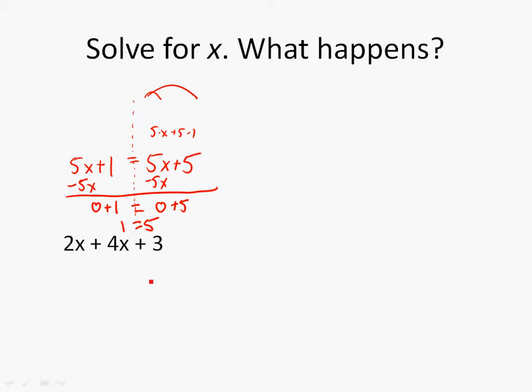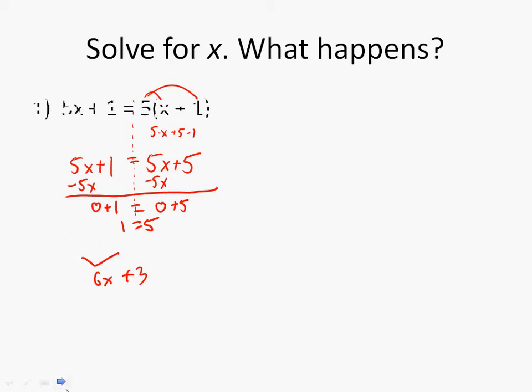And so we can combine like terms here, 2x plus 4x. That gives us 6x plus 3. And now it's completely simplified. So now you can bring back the 6x plus 3.